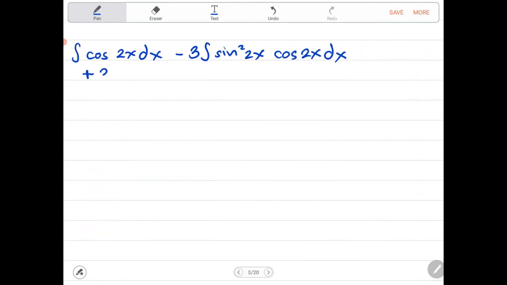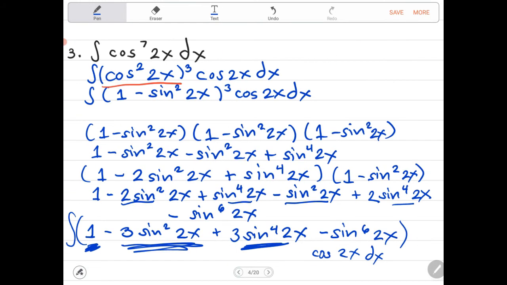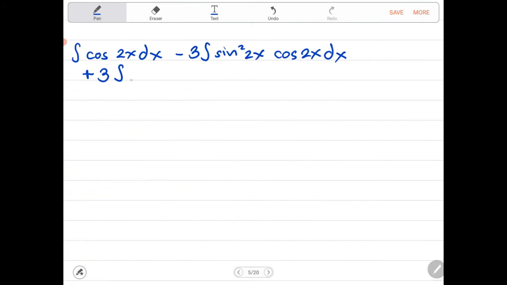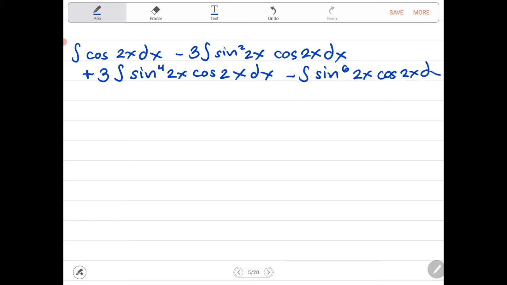So, plus 3, the integral of sine raised to 4, 2x, then cosine 2x dx. Then, the last one, minus the integral of sine raised to 6, 2x, cosine 2x dx.